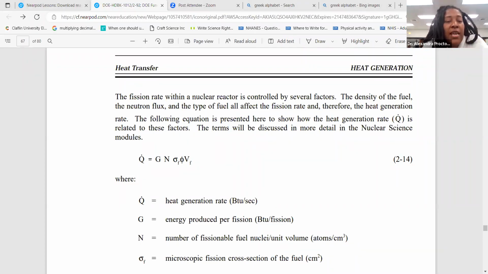So Q is equal to G N sigma sub F phi V sub F, where Q is the heat generation rate in BTU per second. G is the energy produced per fission in BTU per fission. N is the number of fissionable fuel nuclei per unit volume, in atoms per centimeter cubed.